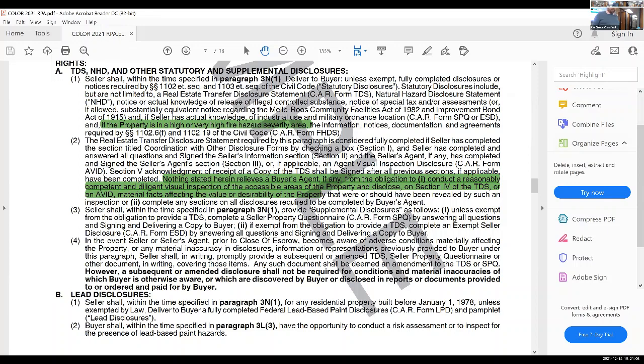We have the flood zones, fault zones, liquefaction zones, and now we also have high or very high fire hazard severity areas. So there are different things. Another thing to look out for, make sure your clients are comfortable buying in those areas.